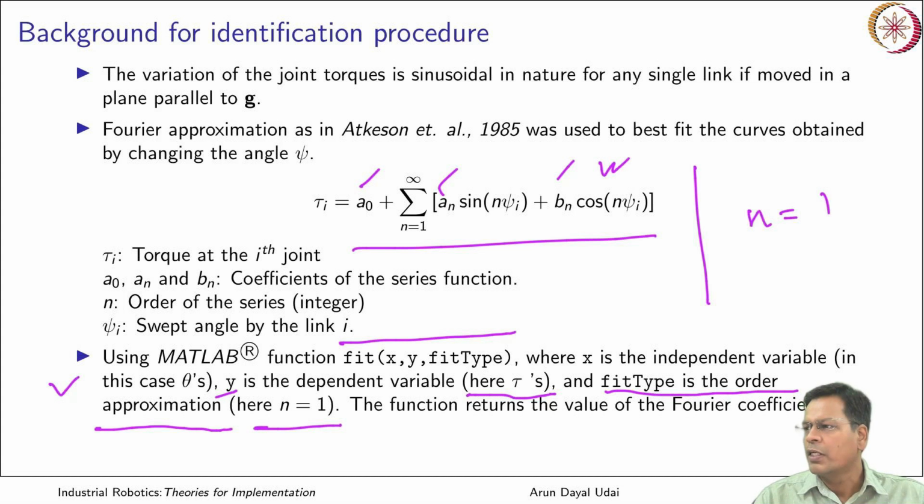I said it should be 1 for our case. The function returns the values of the Fourier coefficients, those are An, Bn and A0. Okay, you saw torque is a function of sine and cosine. This constant appears because of some sort of idle torque which is there, maybe because of friction.